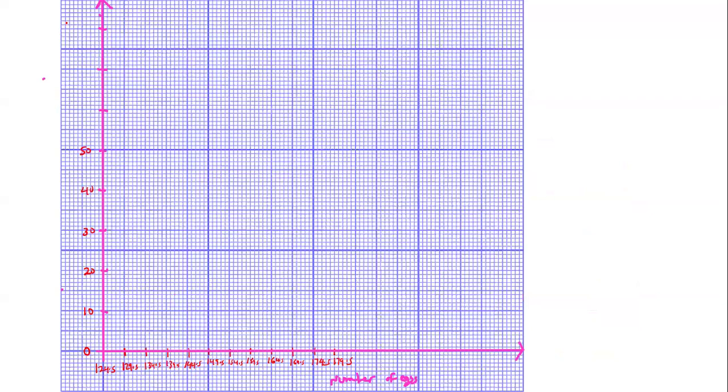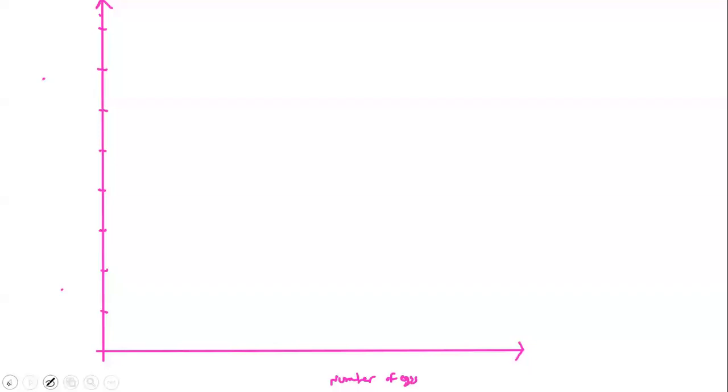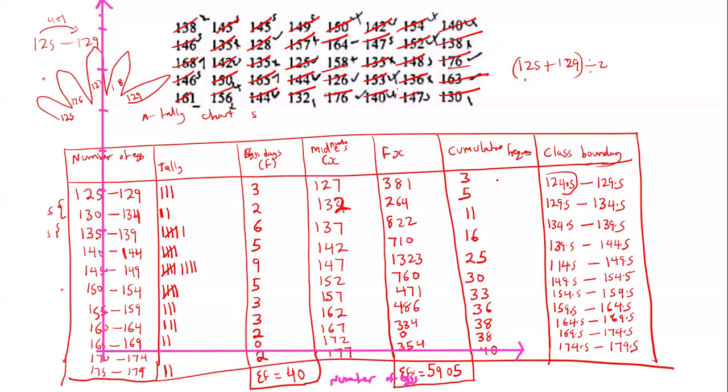Then I label that these are the number of days, representing my cumulative frequency, but in brackets. The beauty of using 10 is that each box carries 1, because 10 divided by 10 gives 1.